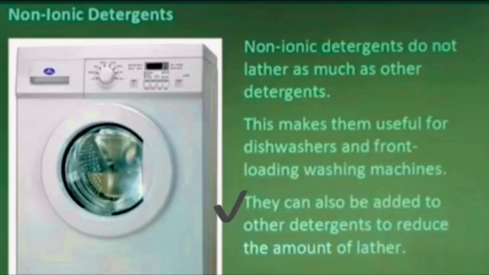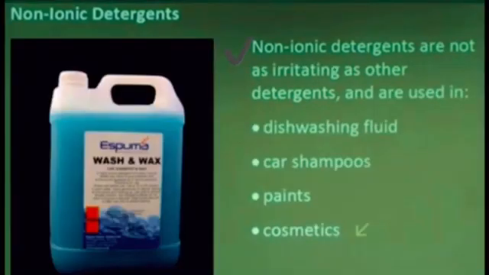They can also be added to other detergents to reduce the amount of lather. Non-ionic detergents are not as irritating as other detergents, simply because they're less charged, so they don't draw as much water away. They are used in dishwashing fluid, car shampoos, paints, and cosmetics.